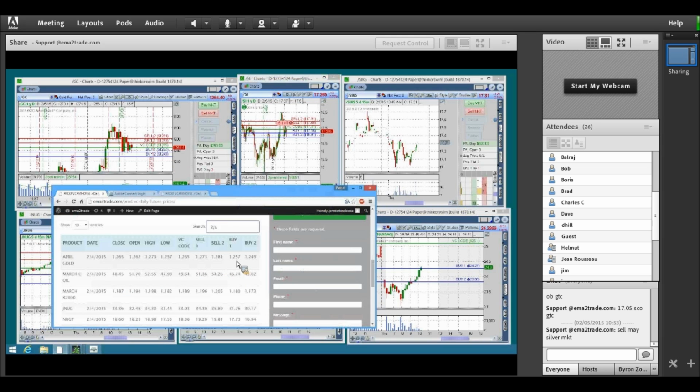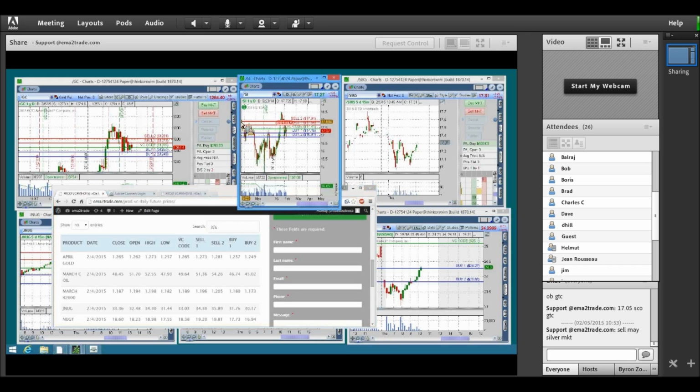You can see clearly here for the gold, we've been buying the 1257 to 1249 levels, and we'd be looking to sell into that 1273 area, which is what you see here today as the sell 1 level, and the 1281 level is the second sell signal that we anticipate will get filled at some point here in the very near future.